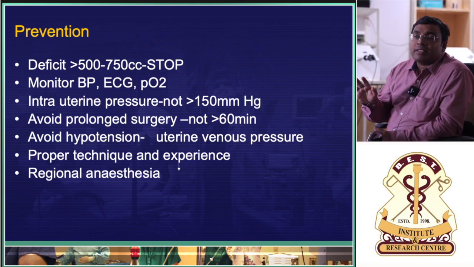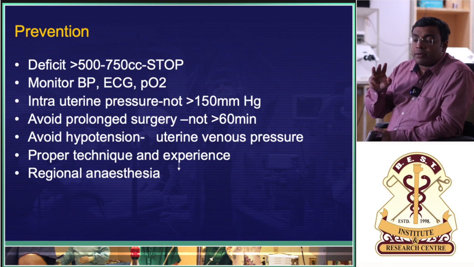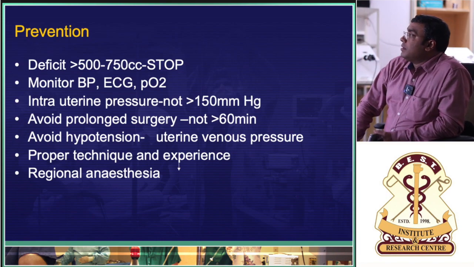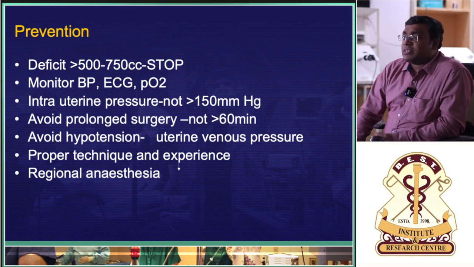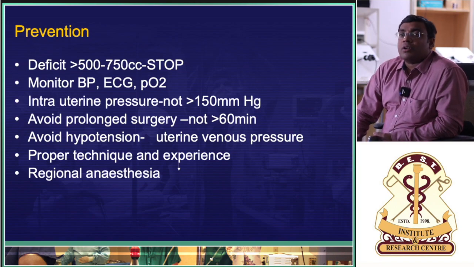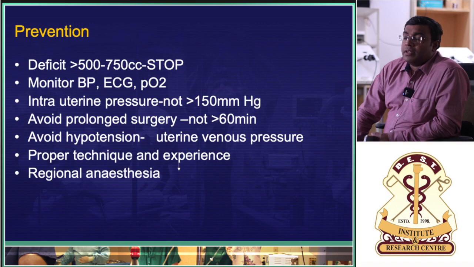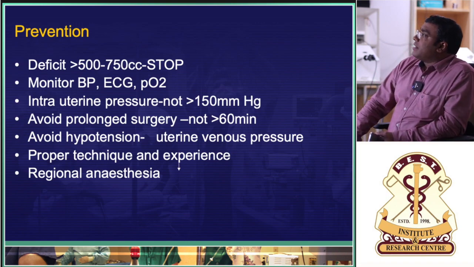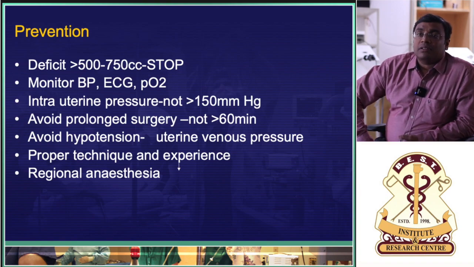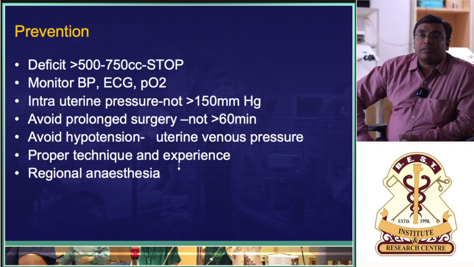Nine liters of glycine you can use, that is 3 liter bottles, 3 you can use, and not more than 1 hour. Whenever you have any changes in the patient's vitals, you stop the procedure for a while and try to keep the intrauterine pressure less than the mean arterial pressure, that is less than around 150.